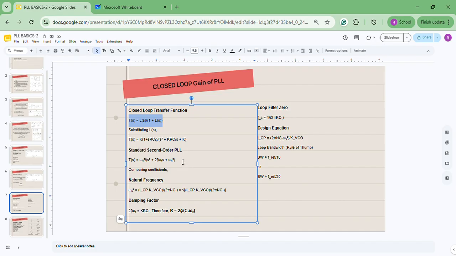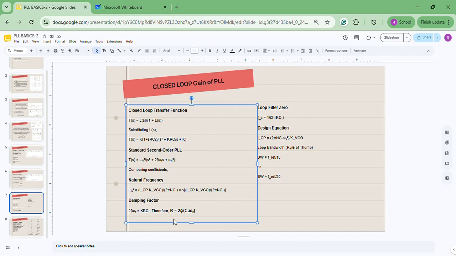When we equate this with a standard second order closed loop system, which is omega n square divided by s square plus 2 zeta omega n s plus omega n square, we compare these terms and we get all the factors. We get omega n, which is the natural frequency, and we compare this with 2 zeta omega n, which is nothing but KRC.